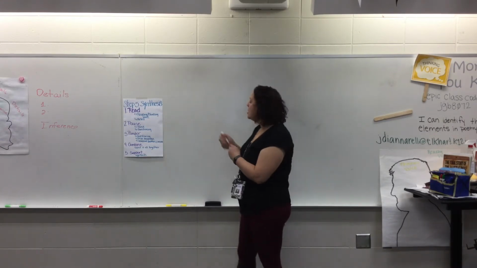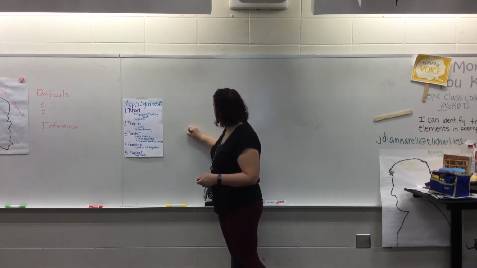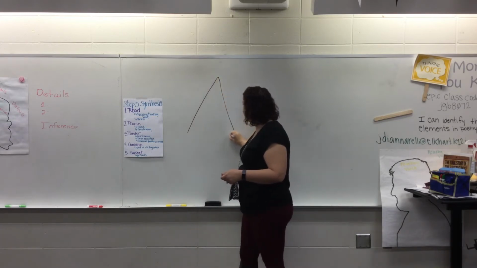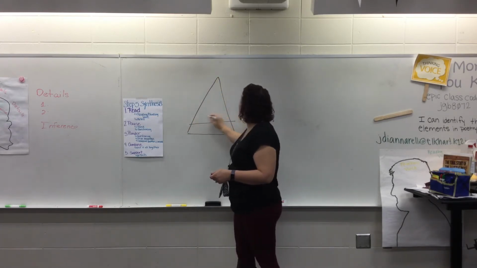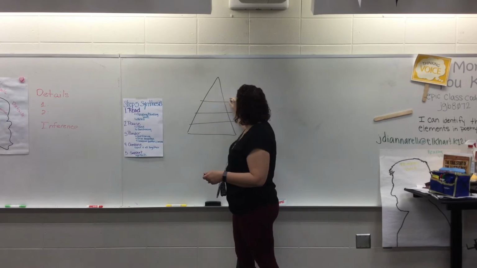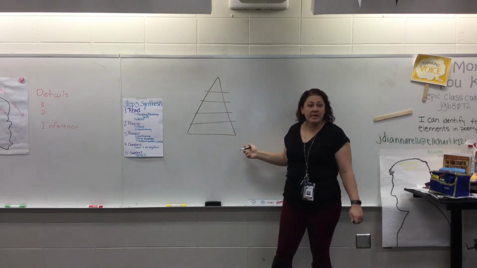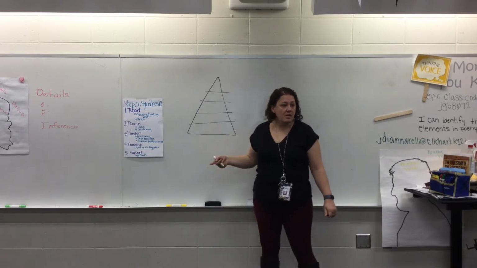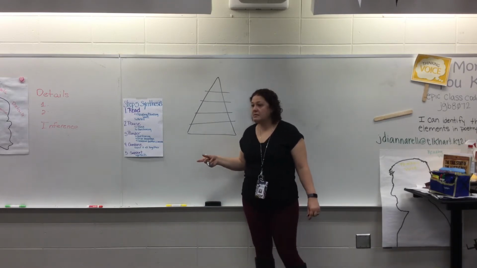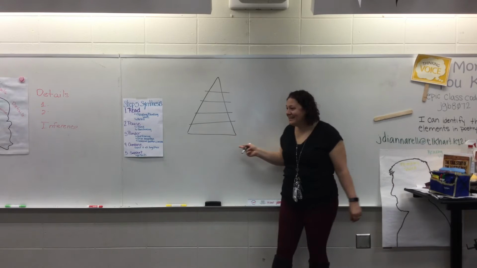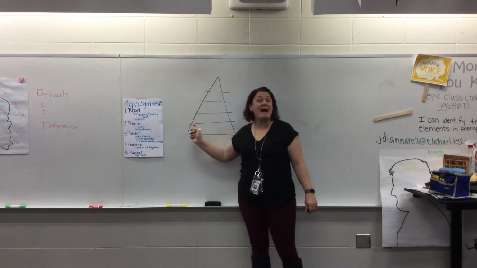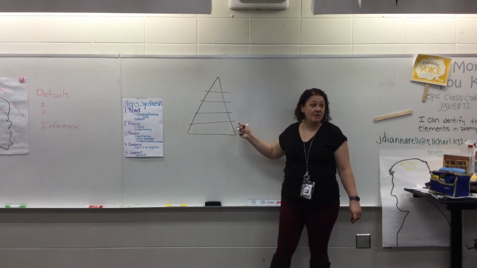In the wonderful world of things, many things are explained as a pyramid. The food pyramid. What goes at the bottom of a food pyramid? Anybody know? The things at the bottom are what your body needs the most of, right?